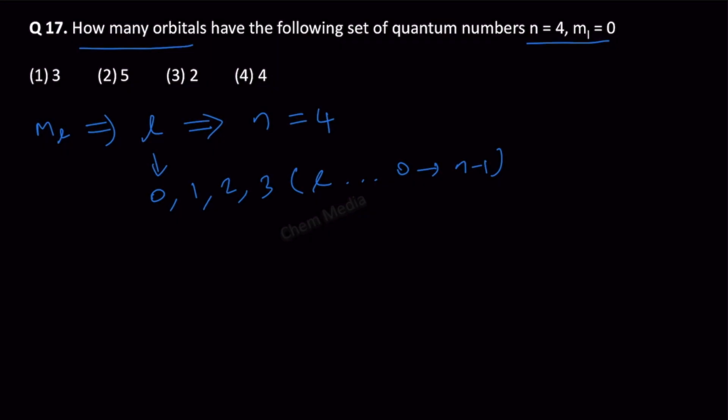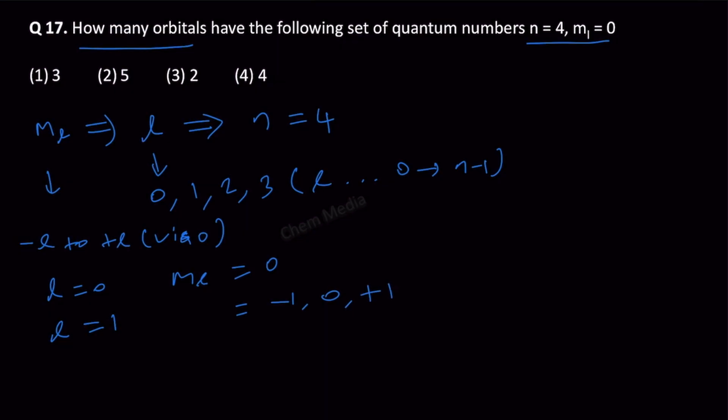What will happen to the ml values? Ml values run from minus L to plus L through 0. So this means each L value will have an ml value equal to 0, isn't it? Because when L equal to 0, ml value will be simply 0. When L equal to 1, ml value will be minus 1, 0, plus 1.